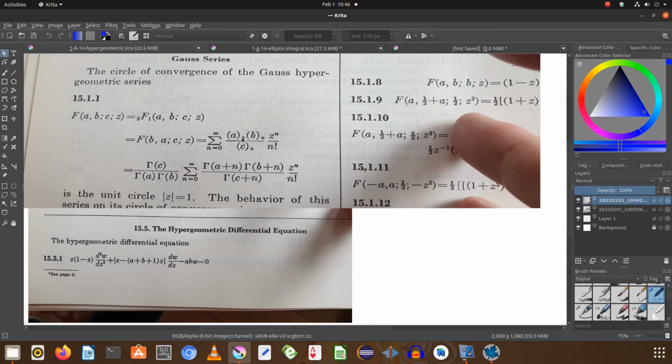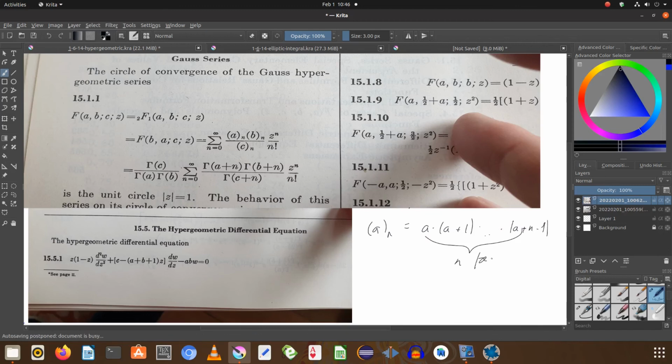And they are defined such that (a)_3, for instance, equals, let's do (a)_n, the general definition. a times a plus 1 times a plus 2 times up to a plus n minus 1, so that we have n factors altogether.